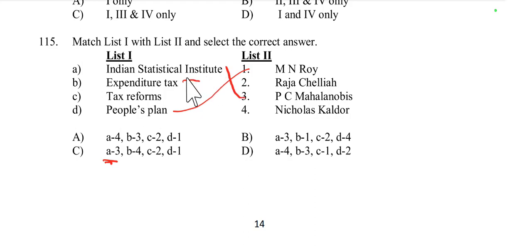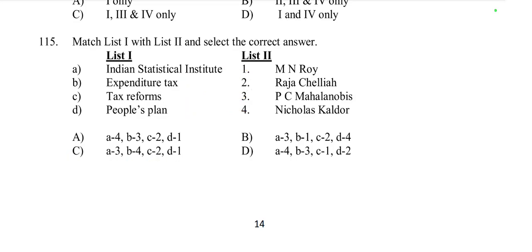Expenditure tax was given by Nicholas Kaldor. Tax reform, Raja Chelliah committee. So people's plan M.N. Roy, Indian Statistical Institute Mahalanobis, expenditure tax Nicholas Kaldor, tax reform Raja Chelliah: A3, B4, C2, D1.